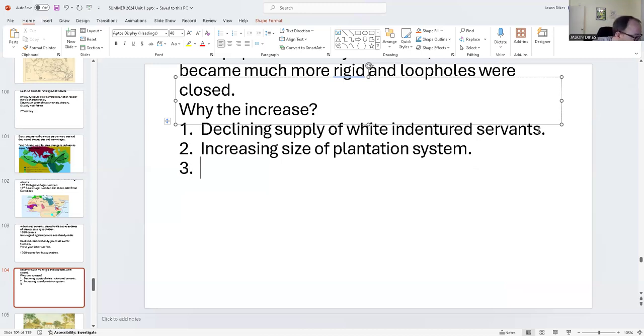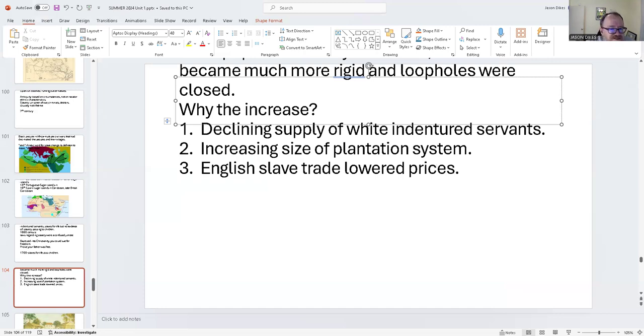And then finally, the third reason, the beginning of the English slave trade lowered prices. Until about the 1670s, slaves were supplied by either the Dutch or the Spanish.